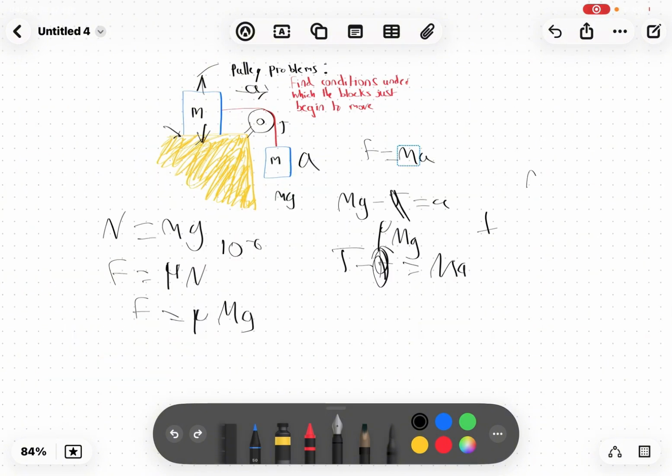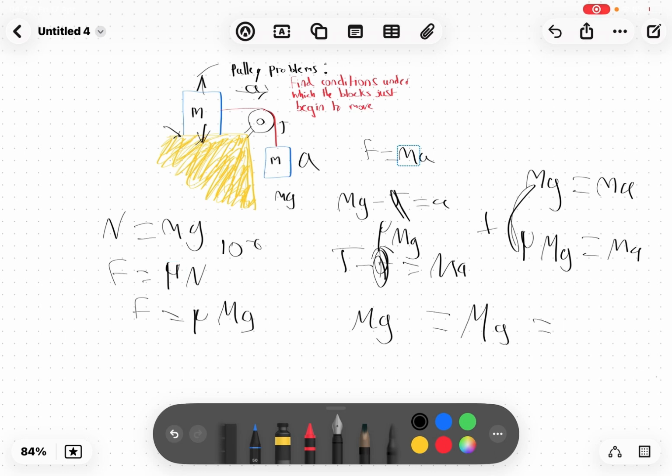Now we're left with the small mg equals ma, and then mu times the big Mg equals Ma. And don't forget that these two are equal, so small mg minus mu big Mg equals the total mass times a.